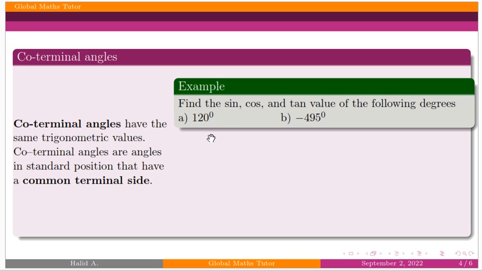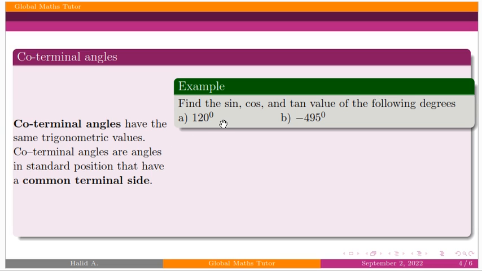For example, how to find the trig value of 120 degrees. First, we find its quadrant. It is in quadrant 2 because in the counterclockwise direction, it passes 90 degrees, but it is less than 180, so it is quadrant 2.